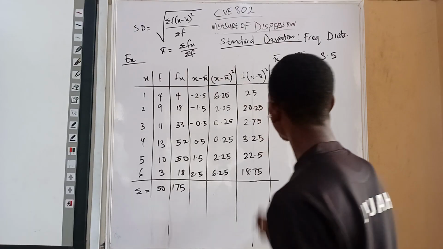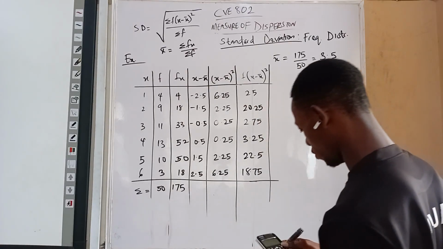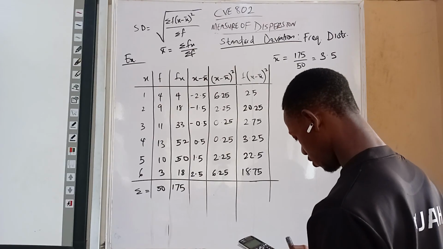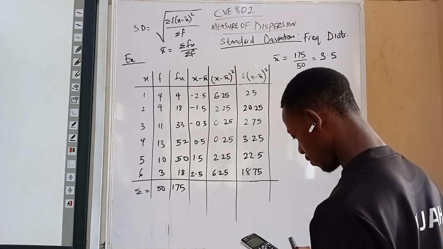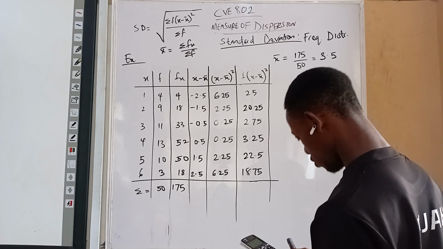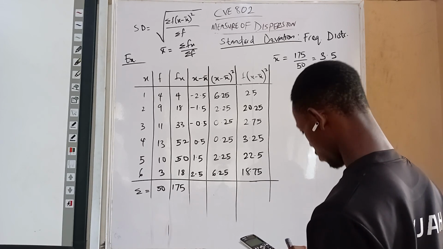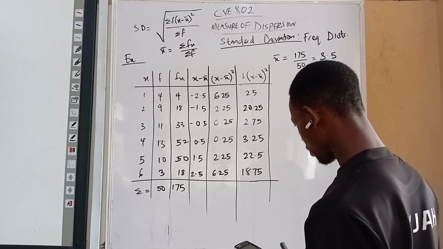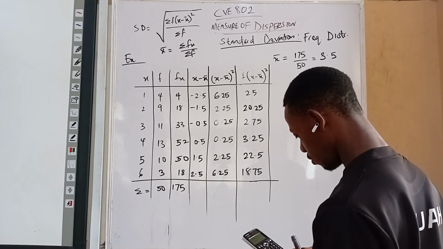So we will now find the summation of this one: 25 plus 20.25 plus 20.25 plus 2.75 plus 3.25 plus 22.5 plus 18.75.